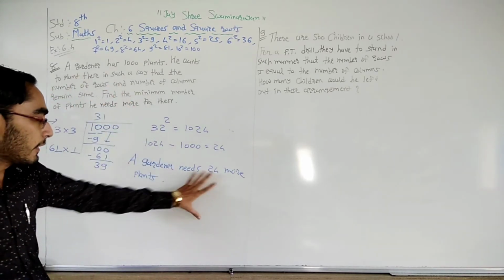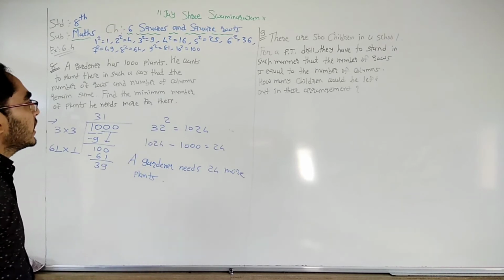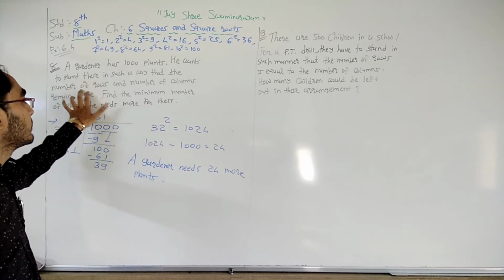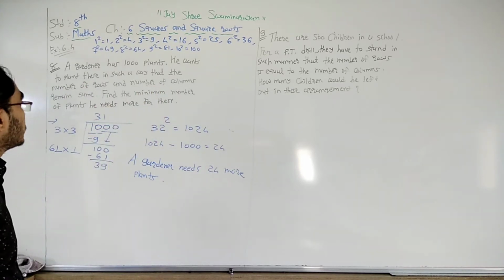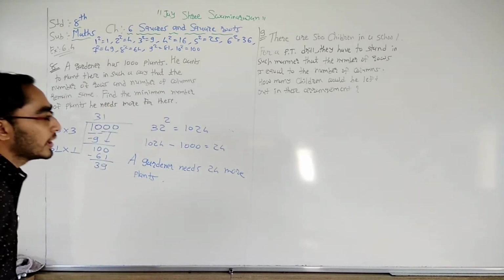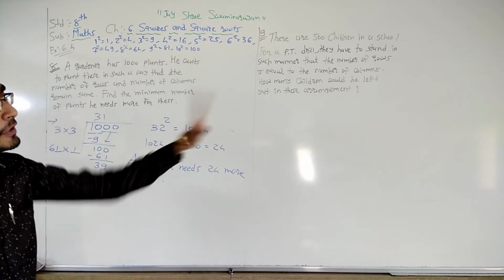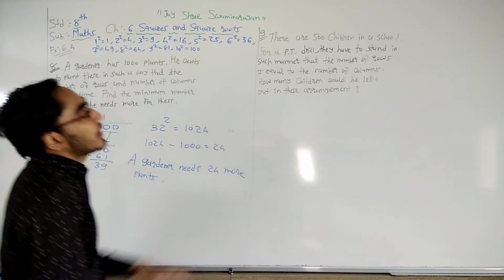So he needs 24 more plants. He planned in such a way that the number of rows and columns both become 7. Now we have a similar question, question number 9, but here we need to use the subtraction process.